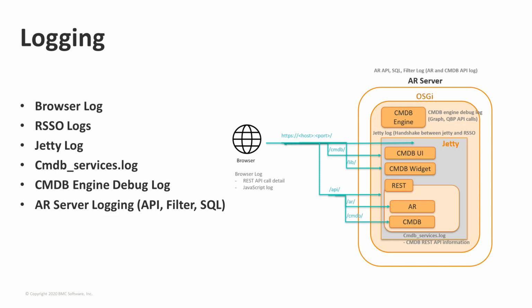The AR server covers the other CMDB calls, like CMDB get list instance, create instance, as well as AR API calls and SQL information. That gives you a deeper dive into what exactly got executed by the AR server and what really went to the SQL server, or Oracle, whichever database you may have. If it's taking time, or why it is taking time, you can debug it further.